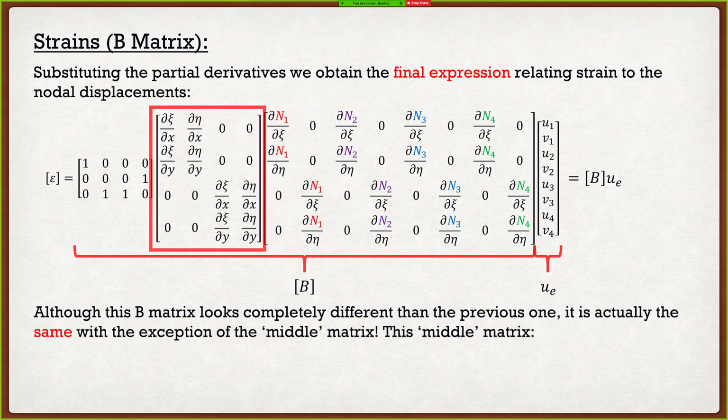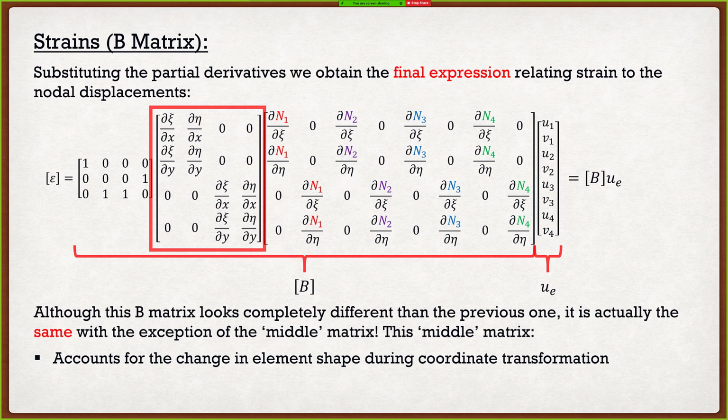And those were a function of our element coordinates. So if the coordinates of our element change, x and y are going to change, therefore our Jacobian is going to change, and therefore this matrix will also change. But remember, our Jacobian is actually really simple to calculate. So it's not too bad that this changes, because updating it is actually not too hard at all.